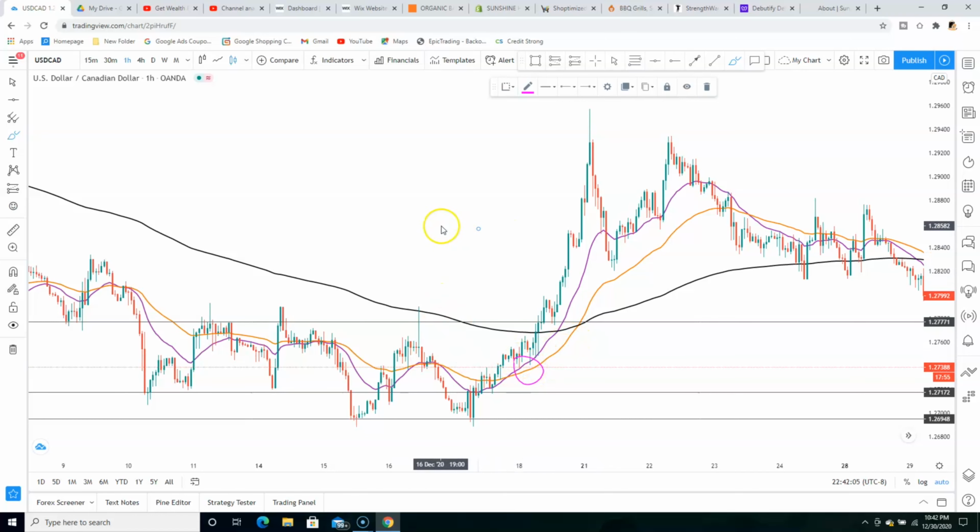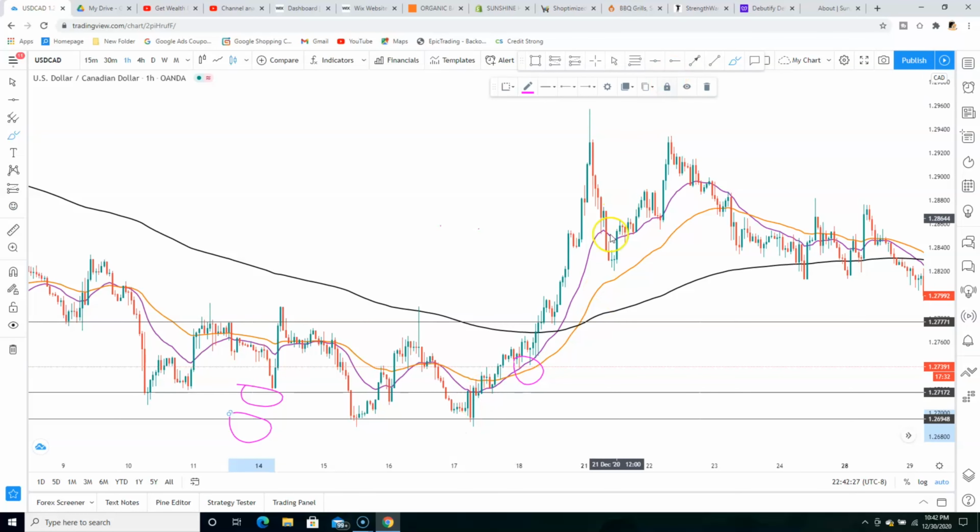But before you get in, like I said, you have to use support and resistance as well. We can see that this right here was our previous support zone, and the same thing right here. So we have a support zone here and we have a support zone right here.